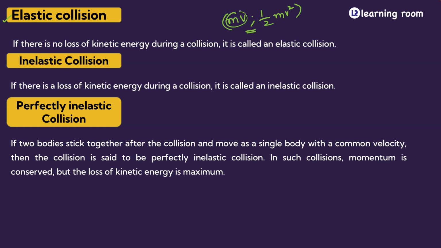So the first important point to be noted here is when you talk about collision, whether it is elastic or inelastic, the linear momentum is always conserved. Am I clear with this?